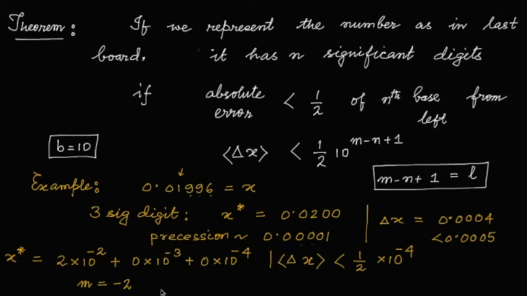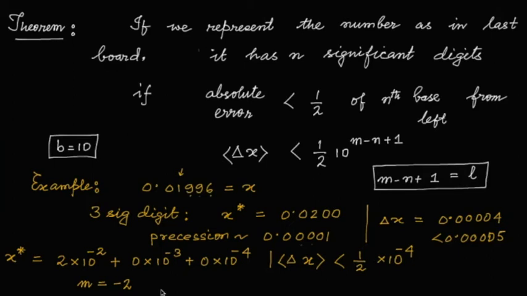Yeah. It's this, right? Yeah. So this is less than half into 10 to the minus 4, right? Because this is 0.5 already, half is 0.5 already.